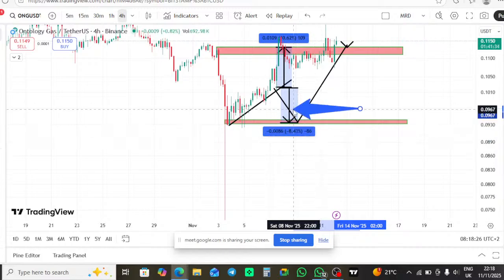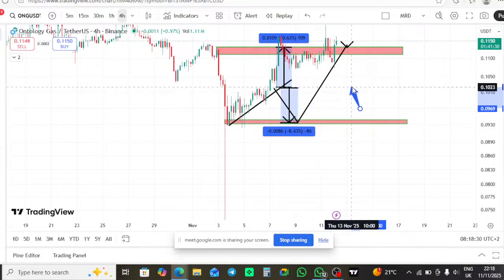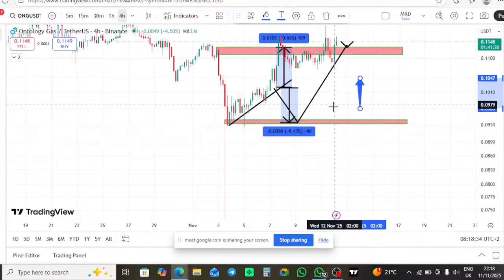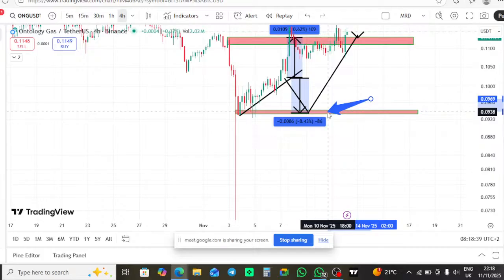Therefore, I can decide to have only 3 margin calls using the double up strategy, and I'm covering only 9%.